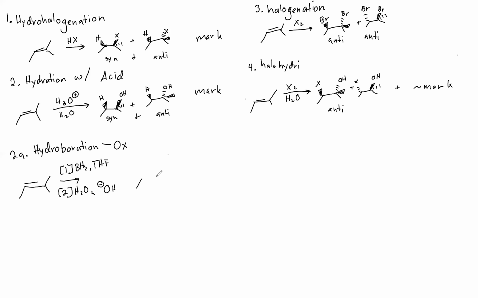So we end up with H here, OH here. So this is syn only. We could also have it as the dashed wedges, OH, OH, this guy here, syn. And this is anti-Markovnikov. He hates Markovnikov. Okay?